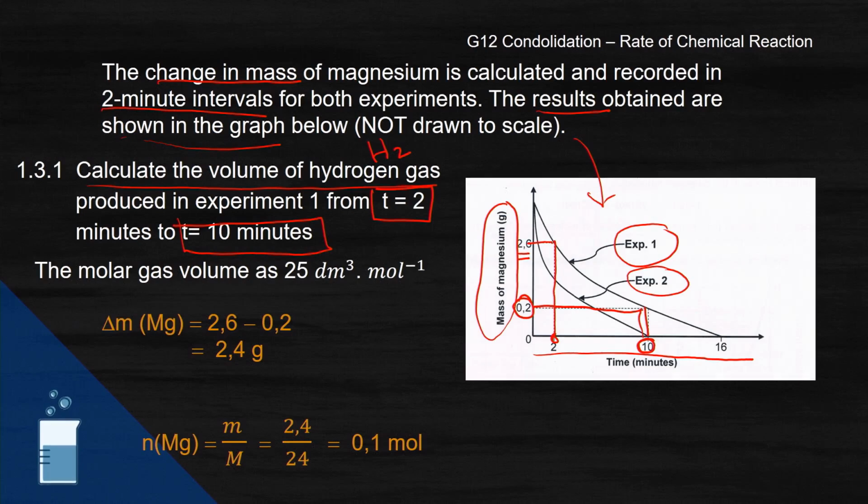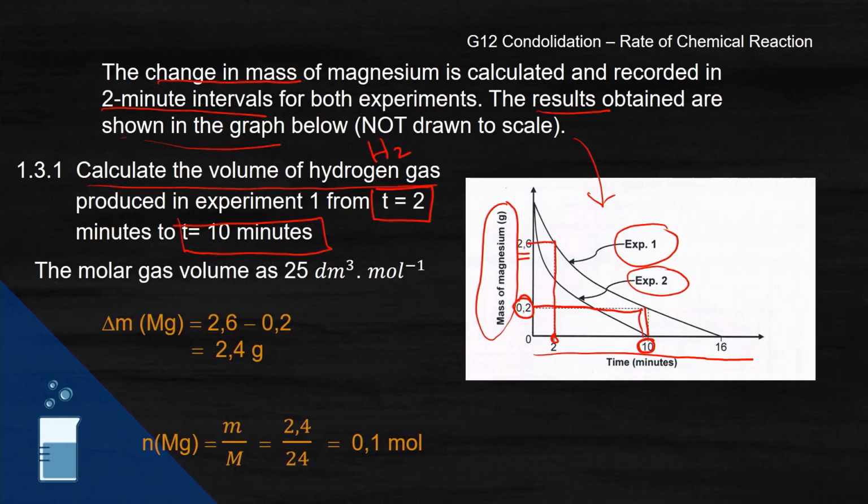So the change in magnesium mass, the solid, is going to give us a number of moles that is being produced, and that will then link into the hydrogen. So let's have a look here. Change in mass is 2.6, subtract 0.2 grams, that's what we've read off the graph, we get an answer of 2.4 grams.